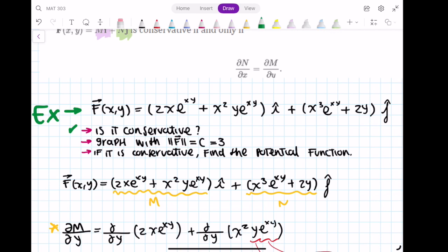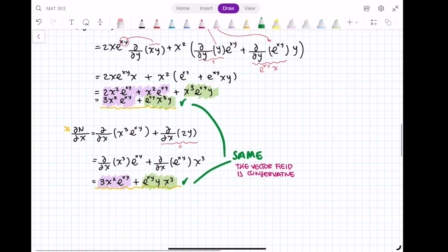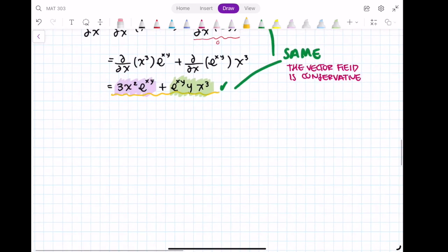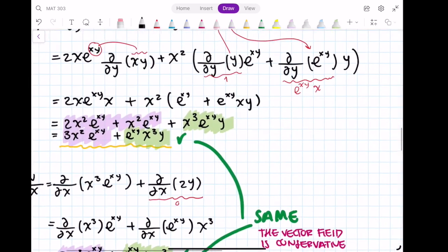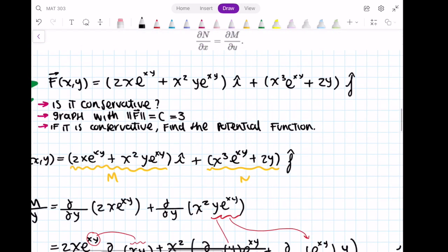We have to remember that the magnitude will be 3. So let's go and start. So here you see that the magnitude of f, the vector f, is gonna be equal to c, which is 3, right?